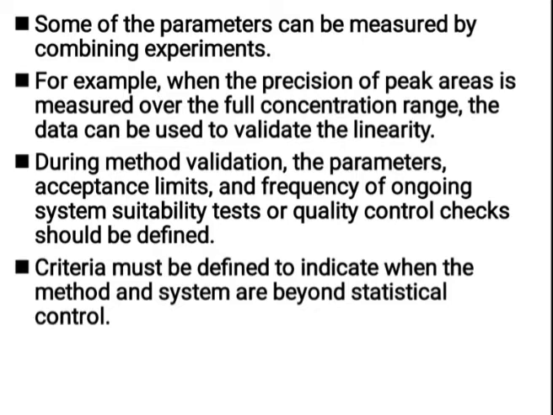It means during a method validation, the parameters, as I have said, are specificity, range, limit of detection, quantification, accuracy, precision, and so on. So these parameters are important. Then the acceptance limit and frequency of ongoing system suitability test. And this can validate a method.